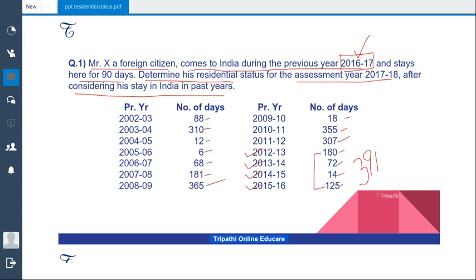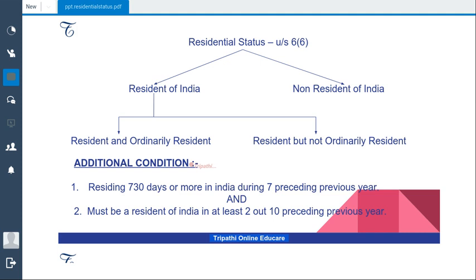But we cannot stop at resident of India. The moment he becomes resident of India, we will have to find out whether he is resident and ordinary resident or resident but not ordinary resident. So for that, we should know the additional conditions. There are two additional conditions.